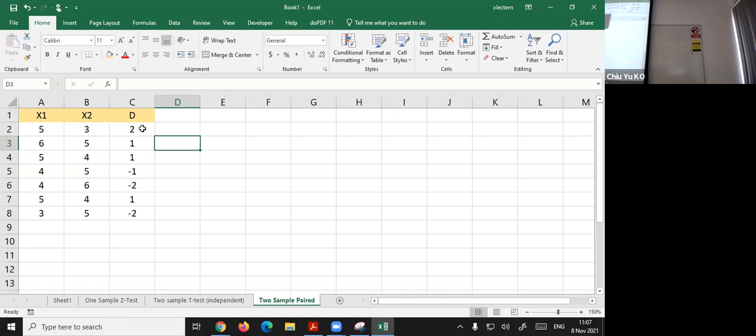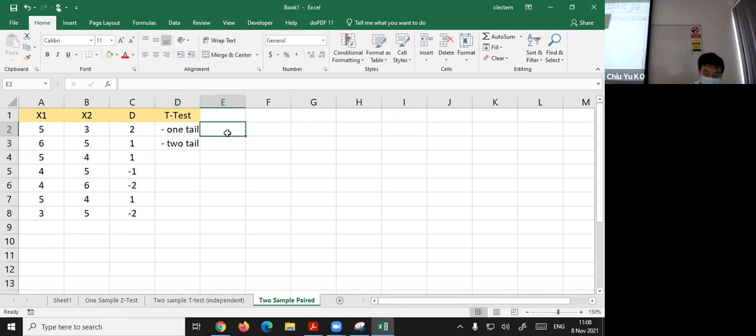But what I want to show you is a shortcut. Instead of calculating this, you can do the t-test by using the one tail and two tail here.